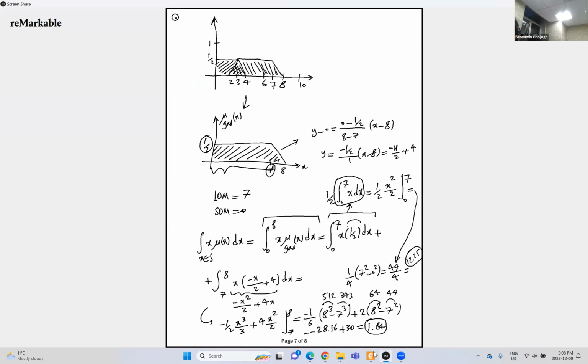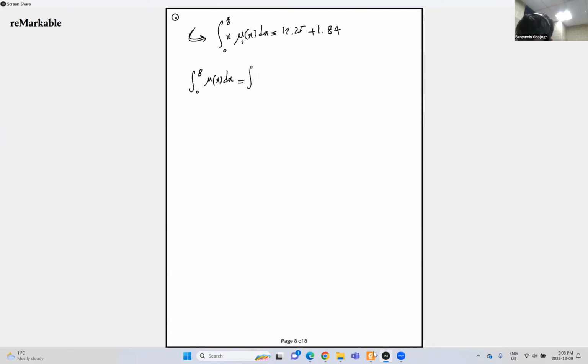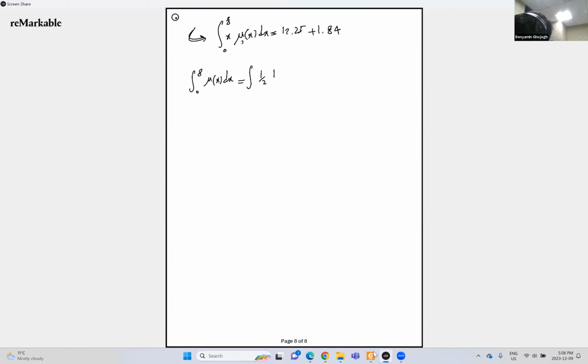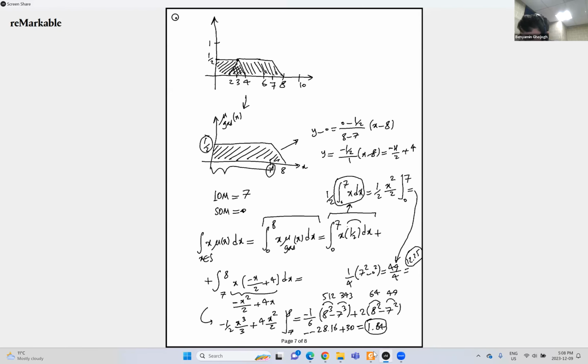It will be a bit different. This time it will be integral of, just give me a second, half dx, 0 to 7 and 7 to 8. It will be minus x over 2 plus 4.